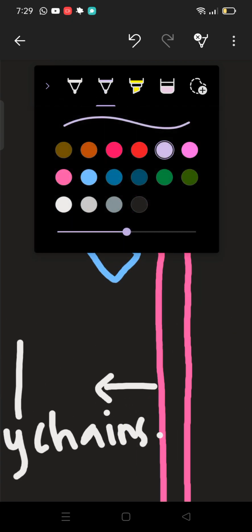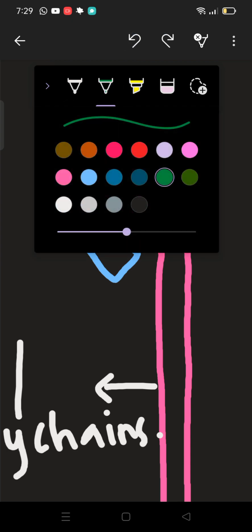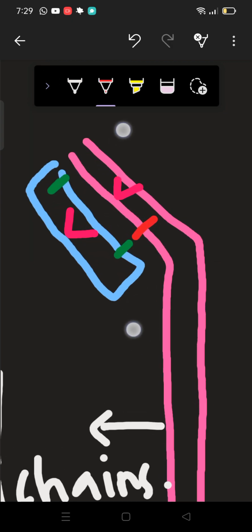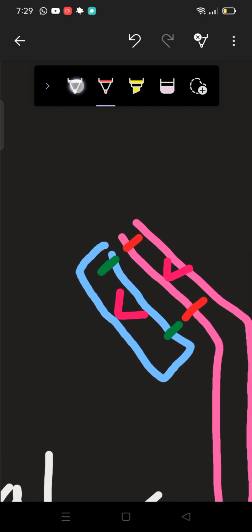If I have sulfur on the small chain as well as sulfur on the long chain, let me do this with another color. This is the sulfur, this is the sulfur as well. Let me write it down first.